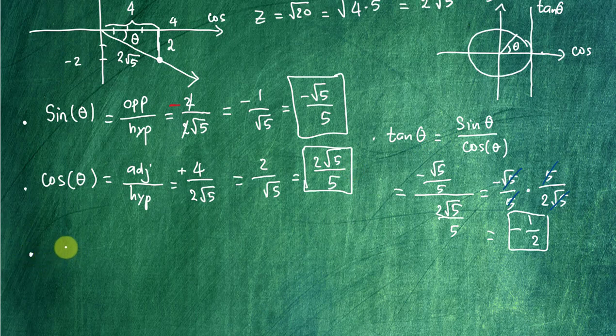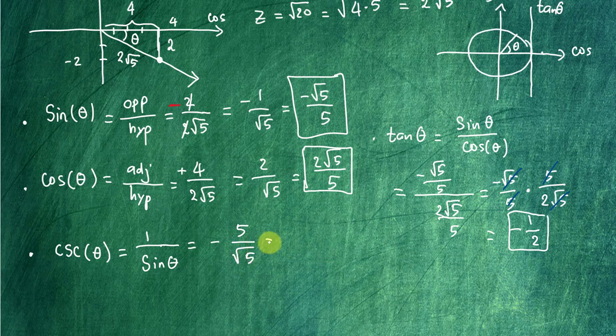And then the next one is we can find cosecant. Cosecant is 1 over sine, or the reciprocal of sine. All we do now is we flip the sine. 5 goes to the top, the square root of 5 goes to the bottom.